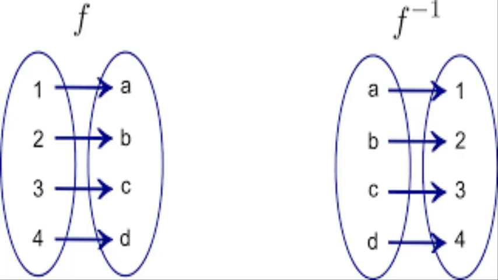8. Inverse functions. Inverse functions are functions that undo each other. If f is a function that maps elements from set A to set B, then the inverse function of f, denoted by f^(-1), maps elements from set B back to set A. 9. Parametric functions. Parametric functions describe the motion of an object using parameters such as time.